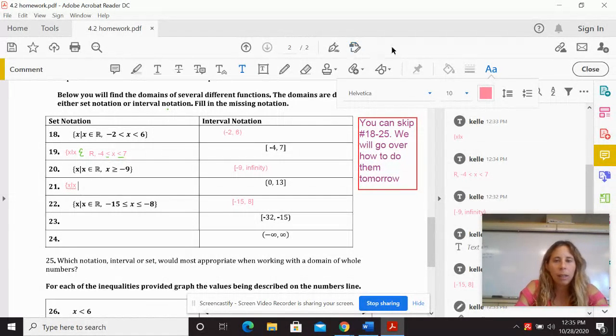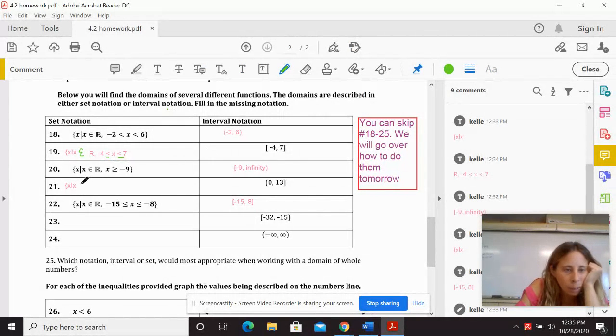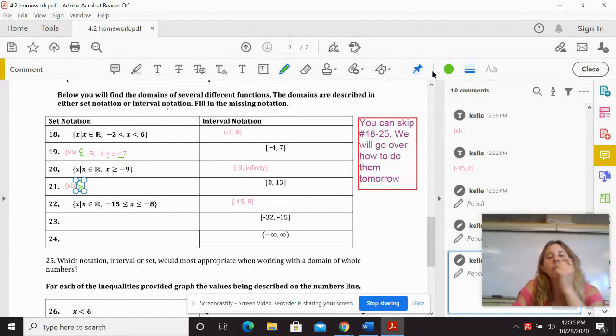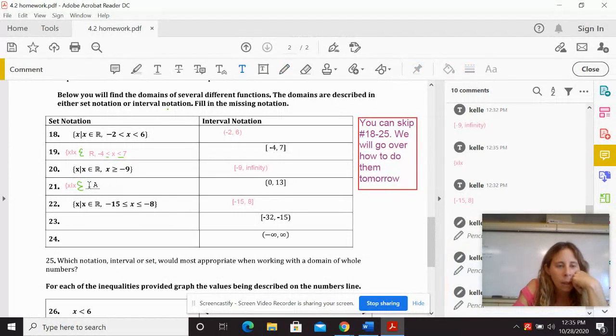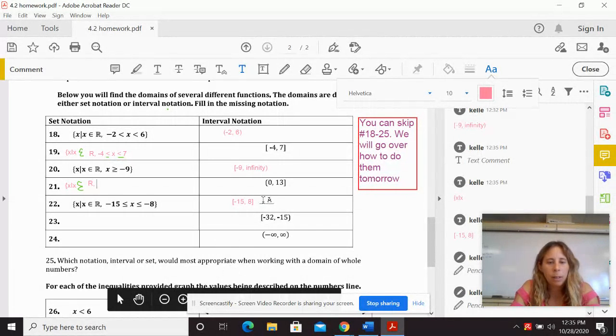And then the E. Set of all real numbers between 0 and 13.